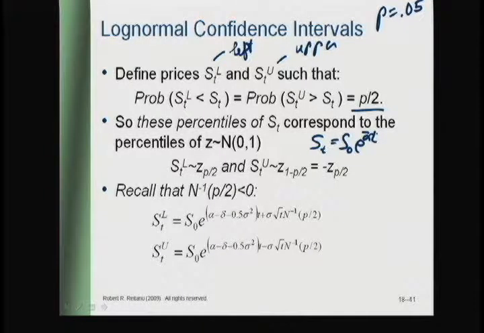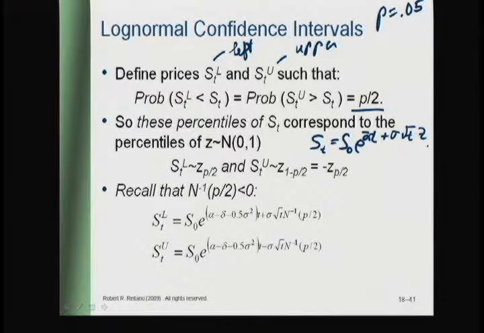It's just a symbol, plus sigma square root of t Z. So I only use alpha bar as a notation so I don't have to write that long expression of alpha minus delta minus a half sigma squared. Okay? But notice that all of the S_T values are driven by the Z values. So the percentiles of the S distribution come from the percentiles of the Z distribution.